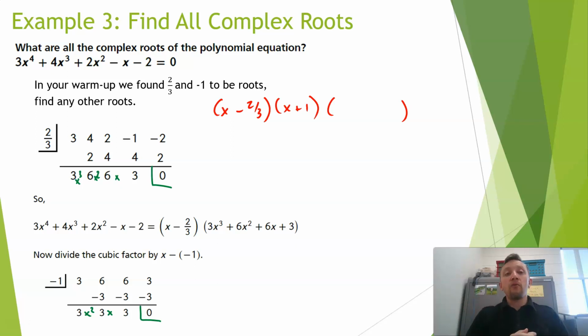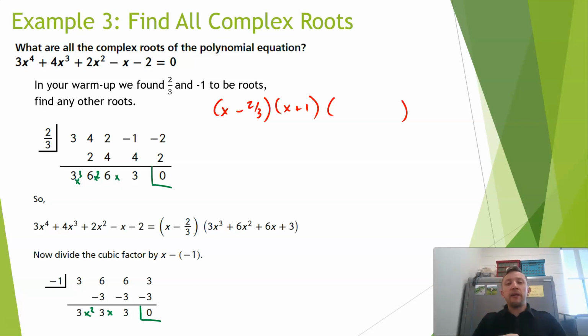So starting out with the 2/3. Again, we could have started with the 2/3 or the -1. Again, you start out with the zeros or the roots of those factors. And so if we start with the 2/3, and then we deal with all the coefficients. So the 3, the 4, the 2, the -1, and the -2. And if we use synthetic division, we would get 3, 6, 6, 3, and 0. So there's no remainder, okay, which should happen.